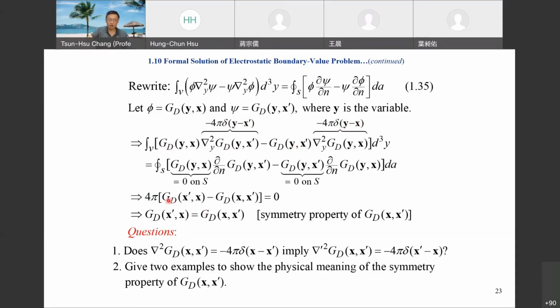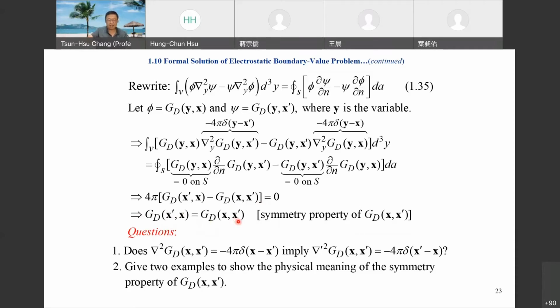Therefore, eventually we got G_D(x', x) equals G_D(x, x'). Which means the green function is symmetric. Okay, the green function is symmetric.